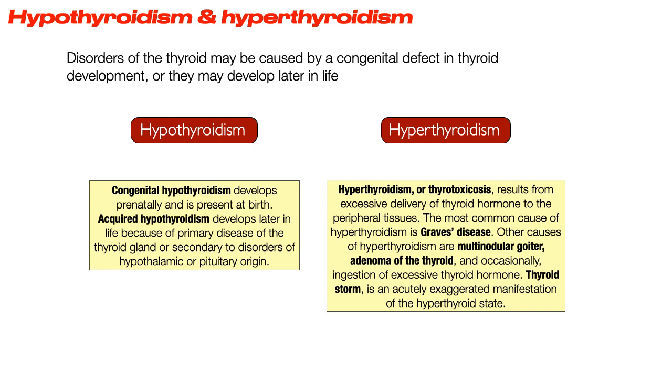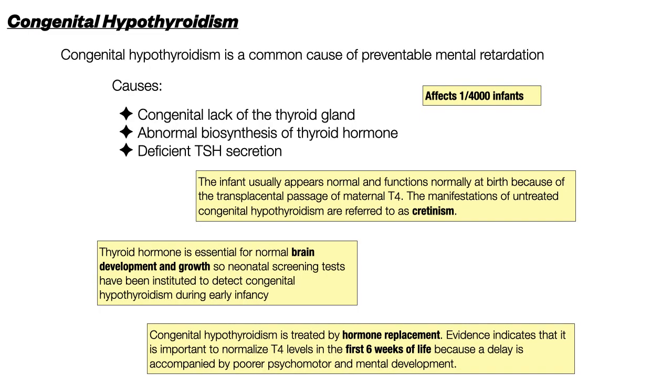For hyperthyroidism, the most common cause is Graves' disease, which is an autoimmune condition. Other causes of an excessive production would be multinodular goiter and adenoma of the thyroid gland. There is a particular condition named thyroid storm that represents an acute hyperthyroid state that we will review in a moment.